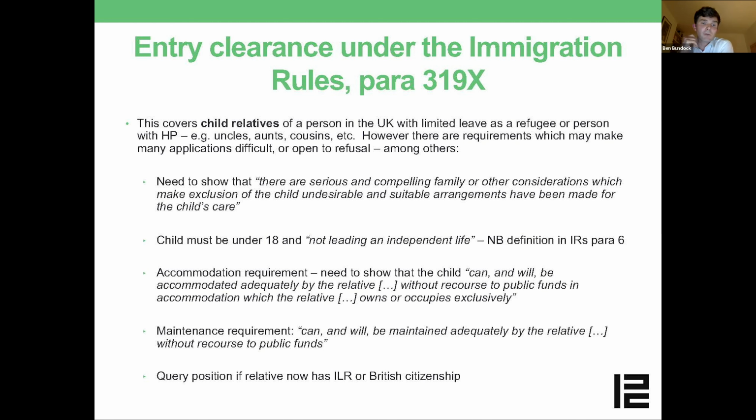Secondly, the child must be under 18 and not leading an independent life. And that term, not leading an independent life, you may well be familiar with it from similar applications, because it's a term that crops up elsewhere in the rules.